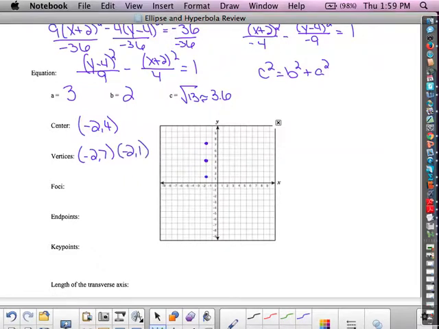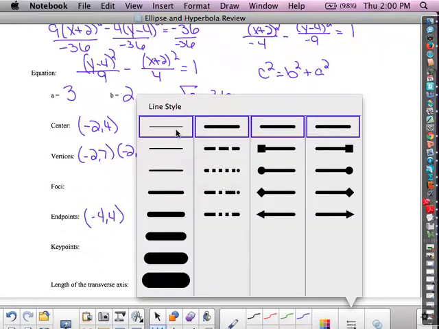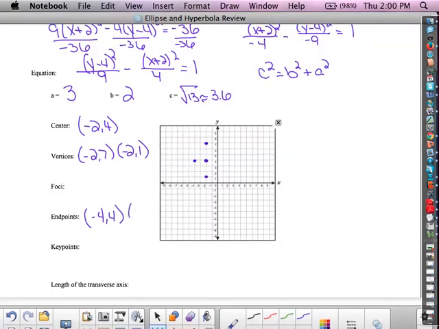Then my end points are going to shift on the x-axis, so I will have minus 2, minus 2, which should give me minus 4, 4. Sorry, it's right there. And 0, 4.